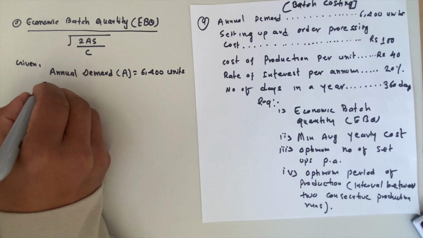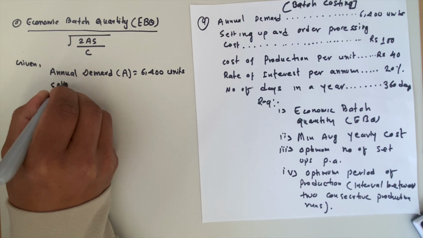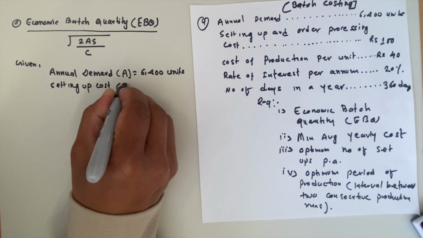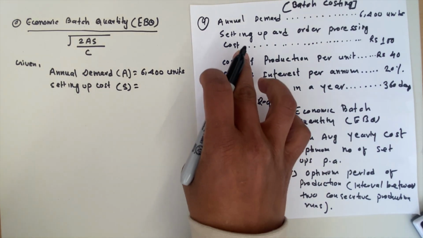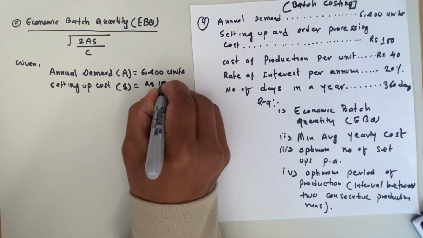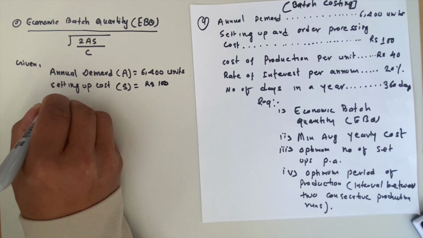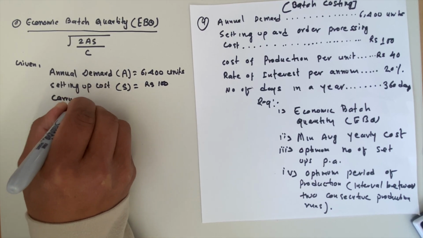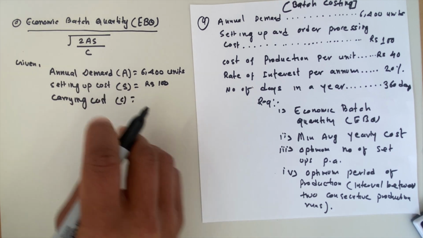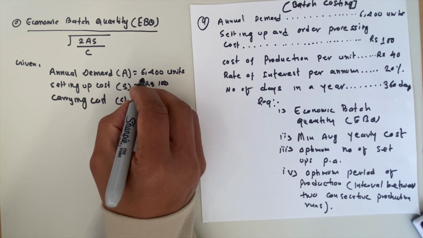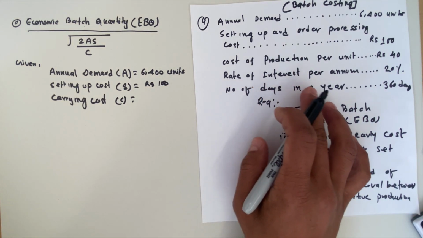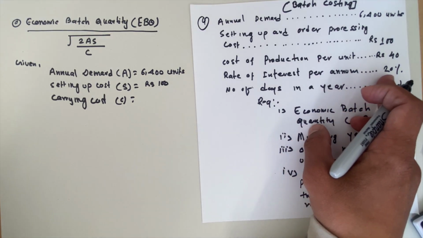Then setting up cost, or S, is given as rupees 100. Then carrying cost: the rate of interest is 20%.